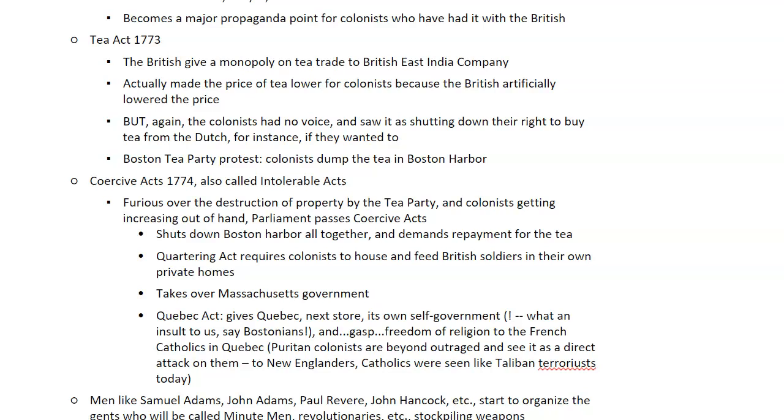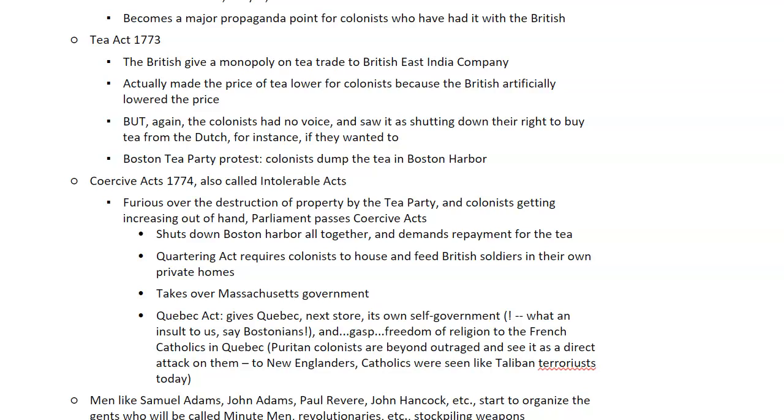But they also, the British government, subsidizes the British East India Company. It keeps the price of tea down. In other words, the tea from the British East India Company was actually cheaper than the tea the colonists were paying to smuggle in to get around the British government.